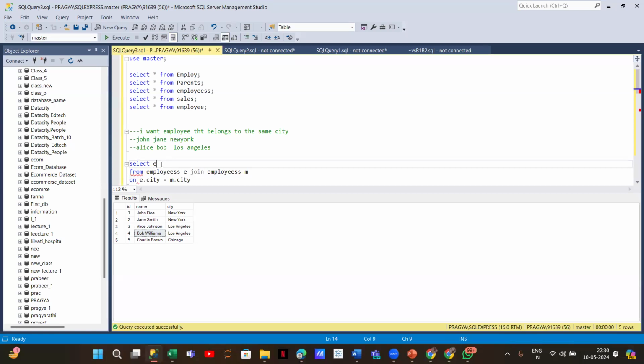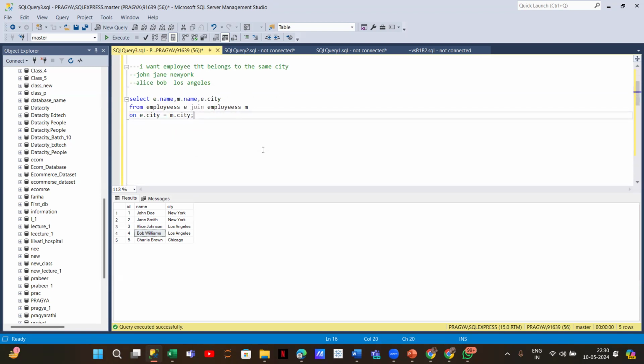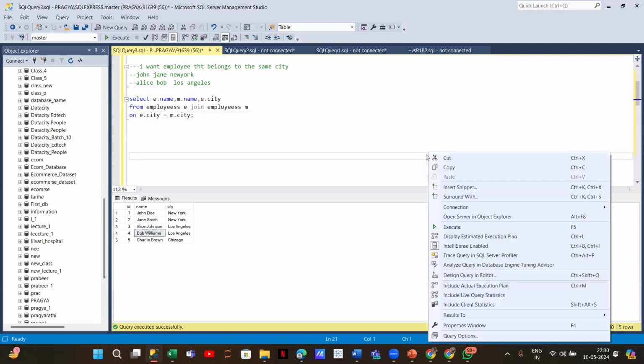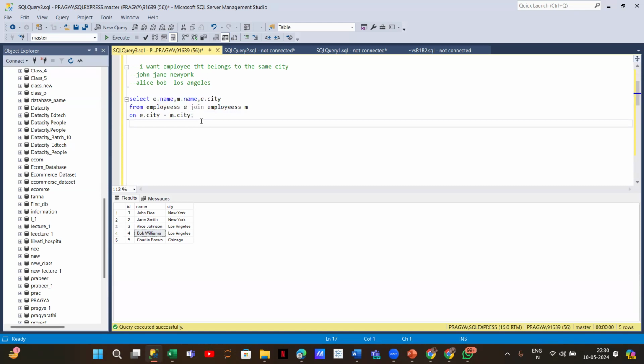So I want the employee name, so I will write M dot name, and then the city also. So how many of you think that I will get the correct answer from this syntax? You guys are finding this difficult.